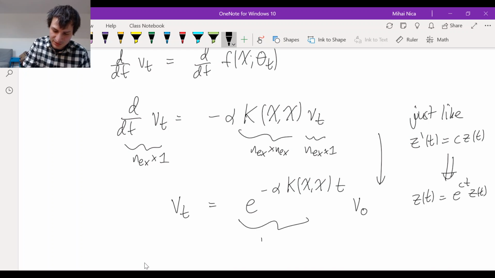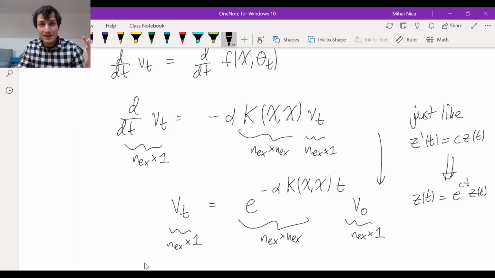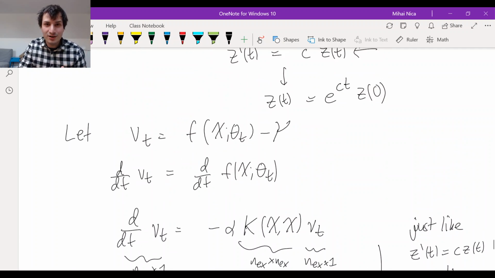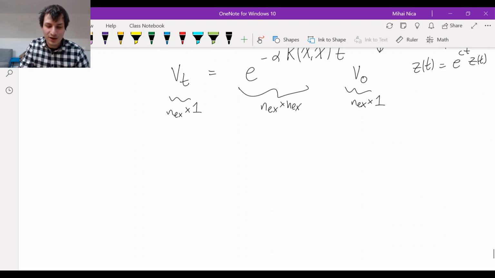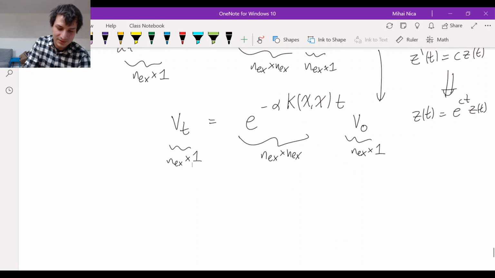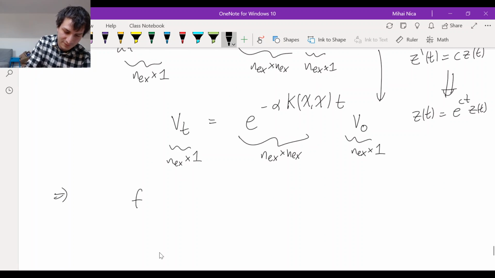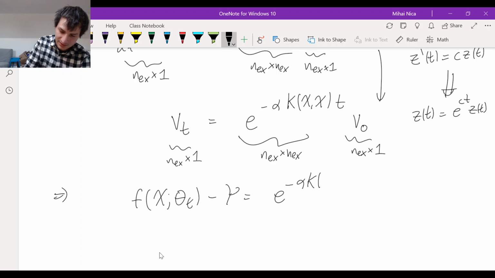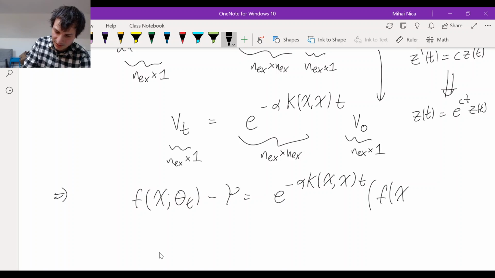This matrix exponential is an nx by nx matrix. This thing is an nx by 1 vector, and this is an nx by 1 vector. Okay, that's the solution for v of t. We actually care about f, so we just rearrange this to solve for f now. So v is f minus y, so this says f of script x theta t minus y equals e to the minus alpha k of x x t times f of script x theta 0 minus y.